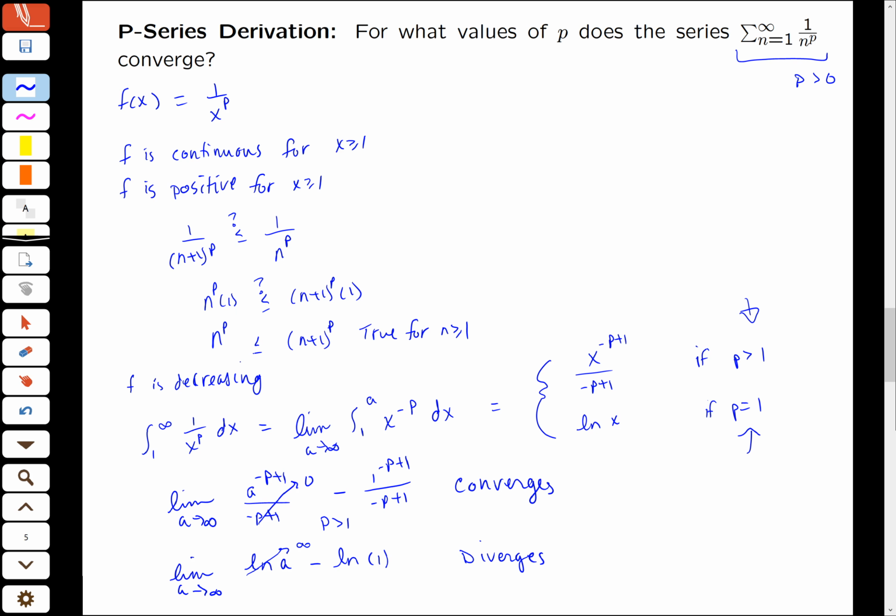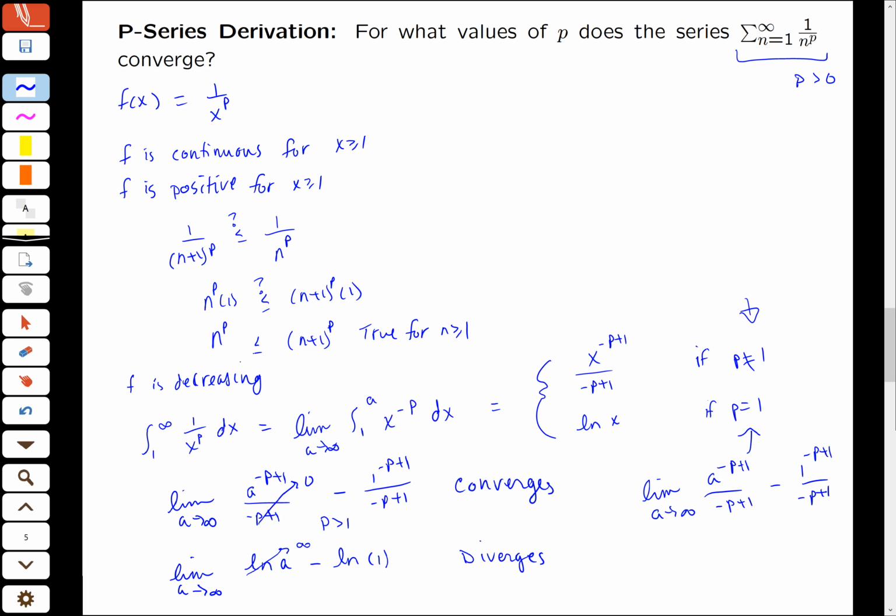Let's check and see what happens if p is less than 1. I still use the same thing. I'm going to put not equal to 1 right here. We have the limit as a goes to infinity, a to the minus p plus 1 over minus p plus 1. If p is less than 1, then 1 minus p is positive.